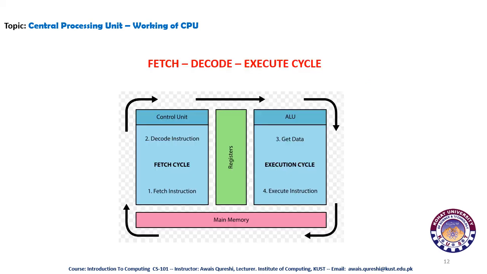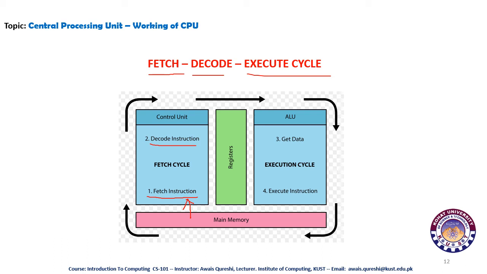So this is how the CPU works internally. This is the diagrammatic representation of the central processing unit, which is called the fetch, decode, and execute cycle. Here you can see that this is the first step, which is called fetch instruction. In the fetch phase, the control unit fetches instructions from the main memory and then decodes those instructions in step number 2.